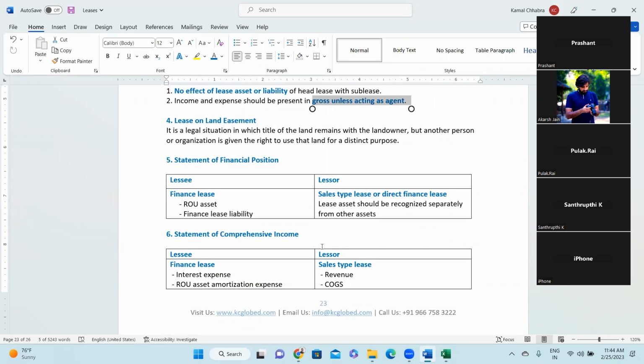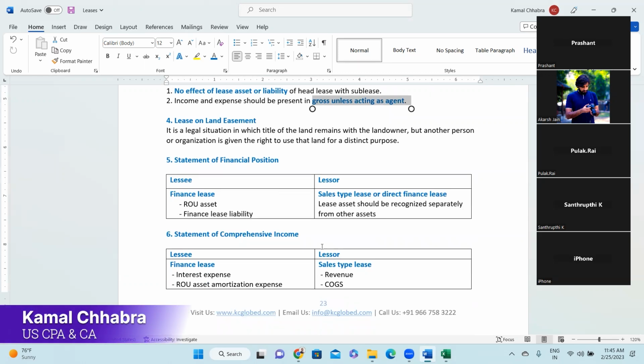Even though you're not the owner, you can use that land for a longer period. Like in Delhi, most of the houses are on a 99-year lease. So it is a legal situation in which the title of the land remains with the landowner, but another person or organization is given the right to use the land for a distinct purpose.